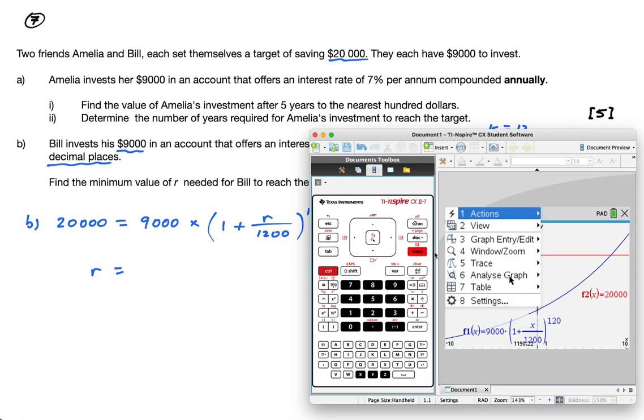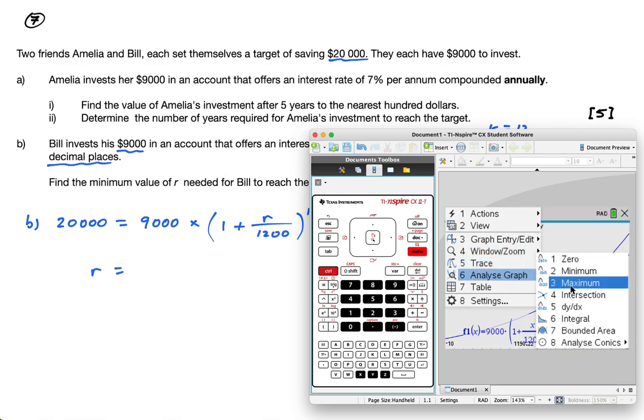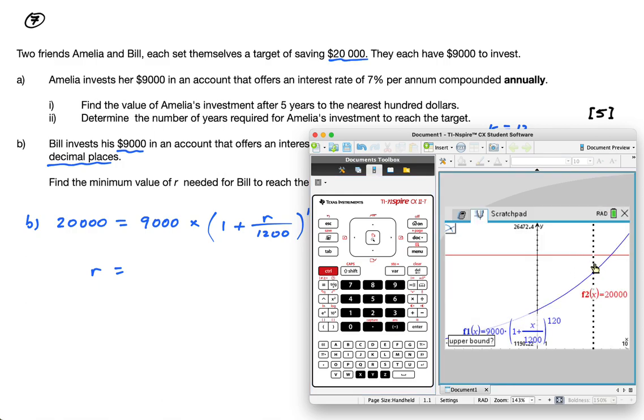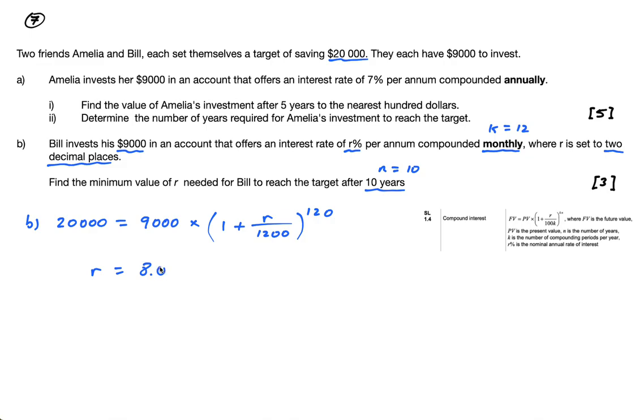So I go menu, analyze graph, intersection, lower bound, upper bound, and I get 8.0117, r equals 8.0117. But hang on, it says r is set to 2 decimal places, so I need to give this to 2 decimal places.